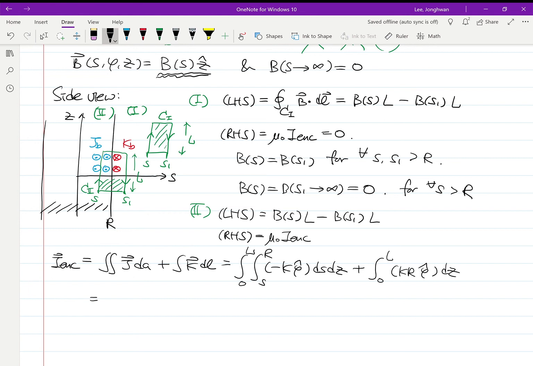So if you calculate this, it becomes K L s hat.